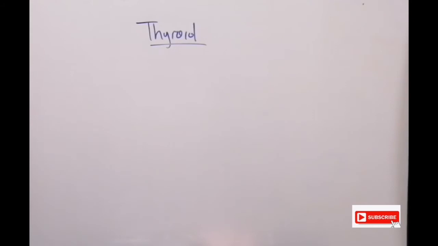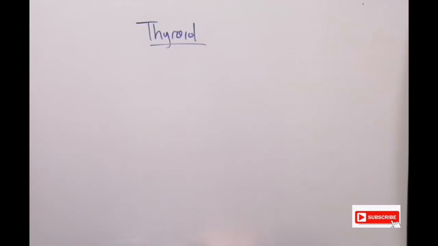But it's important to understand the physiology first, because the pathophysiology or the pathology of the thyroid usually starts with a disturbance in the normal physiology. I think with thyroid disorders and how to investigate them, it's wise to fully understand the physiology.